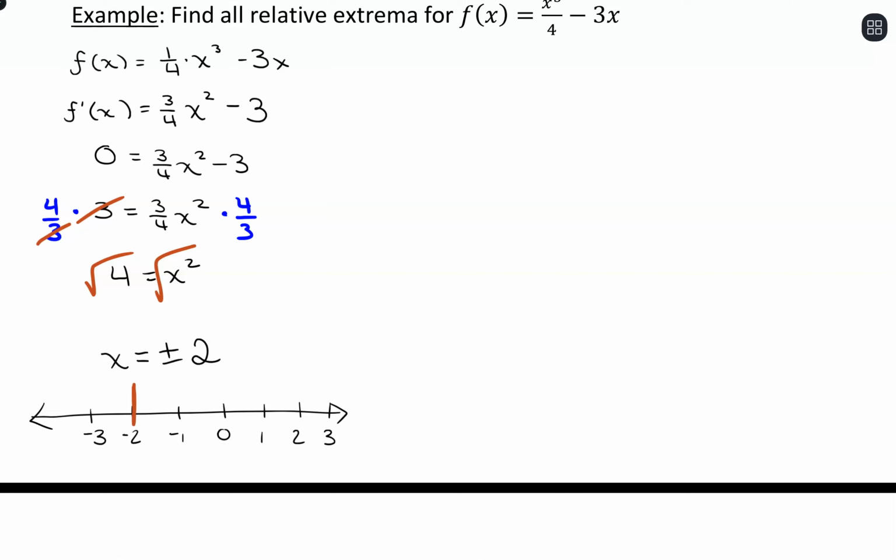At -2 is going to be a cutoff, and +2 is going to be a cutoff. So we're going to end up with 3 intervals. We're going to have everything less than -2, everything between -2 and +2, and then everything above. So there's my 3 intervals: -infinity to -2, -2 to +2, and 2 to +infinity.